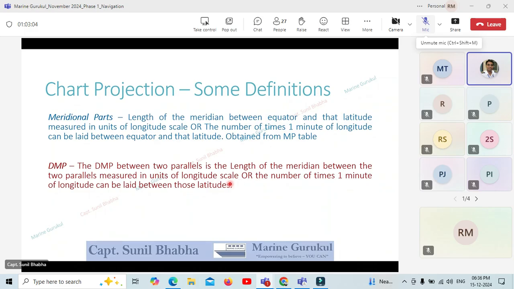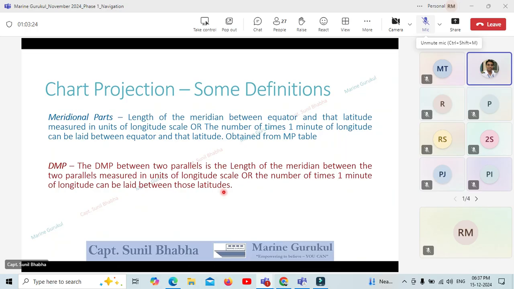You can also explain it as the number of times 1 minute of longitude can be laid between those latitudes. This is known as the DMP, difference of meridional parts.